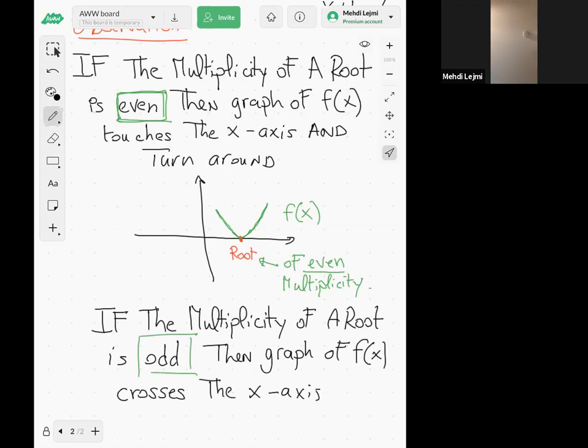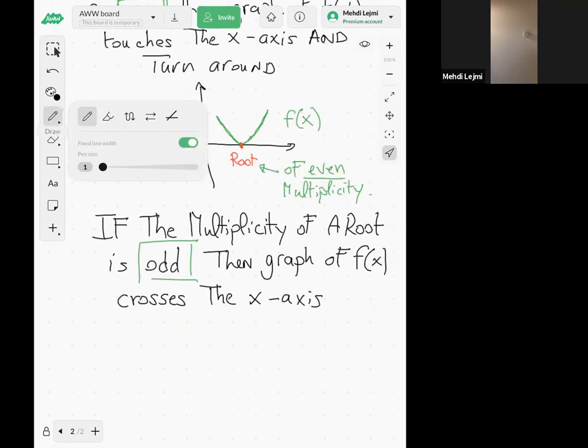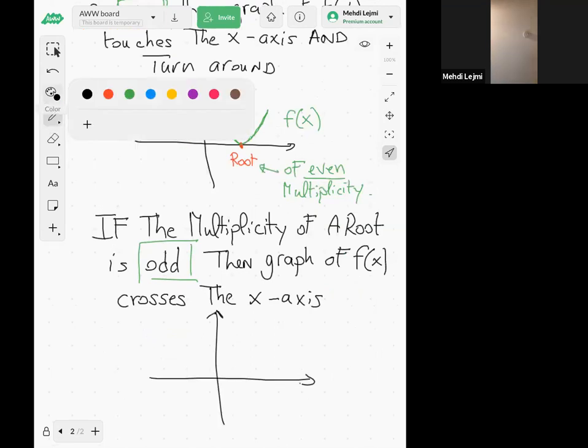So we're going to have the following situation. So here's my graph. Again, when we say root, it's an x-intercept, so it's on the x-axis. We have this root here, and because the multiplicity is odd, the graph is going to cross the x-axis. So here's my f of x.